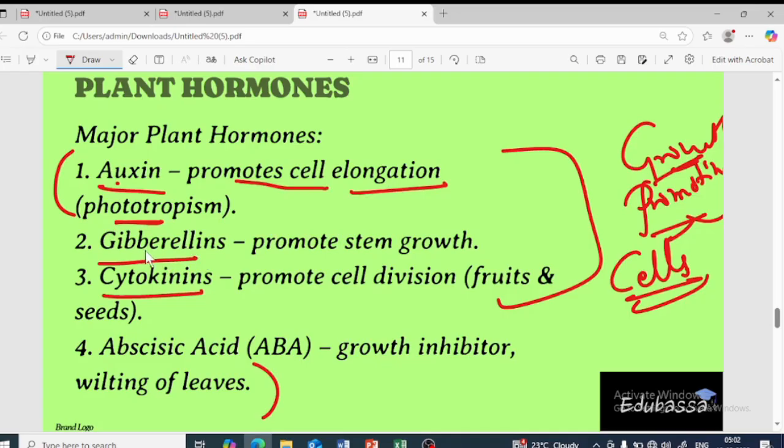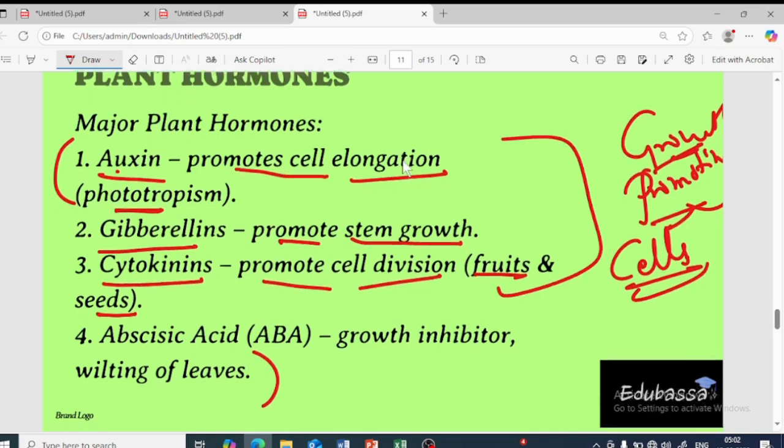Gibberellins help for the growth of the stem. Cytokinin helps for cell division. After cell division, obviously growth of the plant is going to take place, isn't it? In the fruits and the seeds, the growth mainly happens because cell division is taking place.